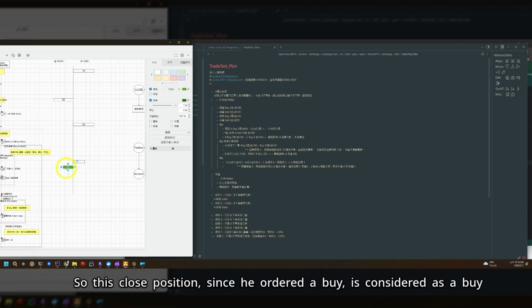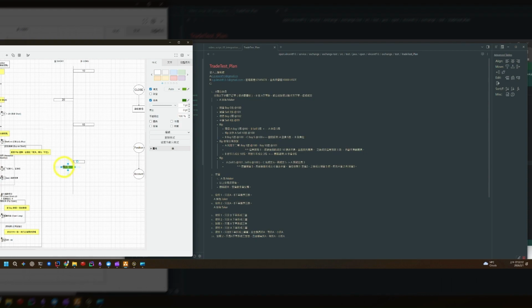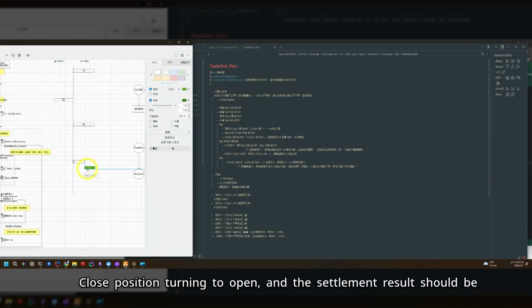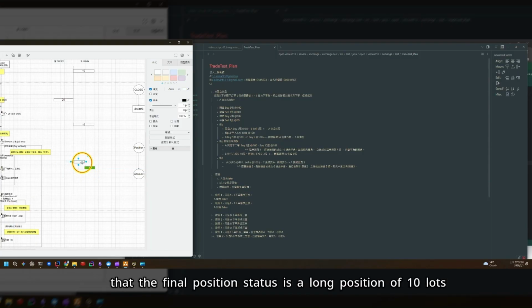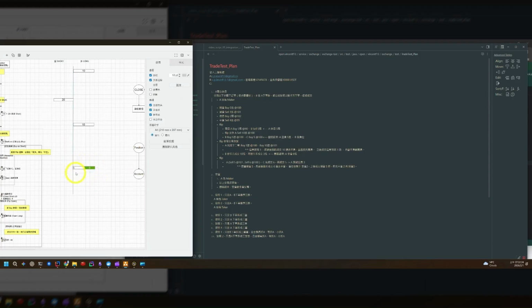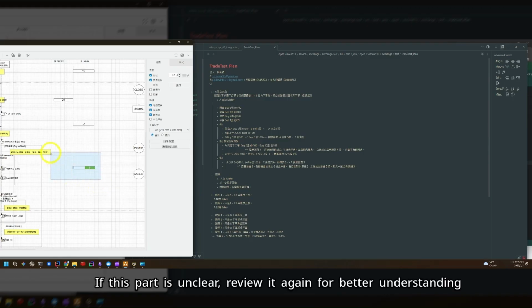So this closed position, since he ordered a buy, is considered as a buy. It automatically turns from closed to open position, closed position turning to open. And the settlement result should be that the final position status is a long position of 10 lots. Okay, that's basically what it means. If this part is unclear, review it again for better understanding.